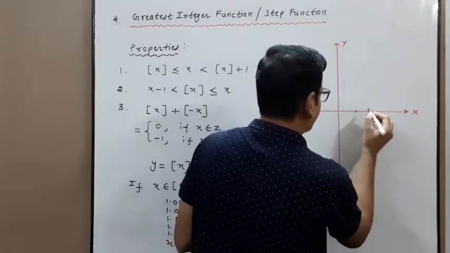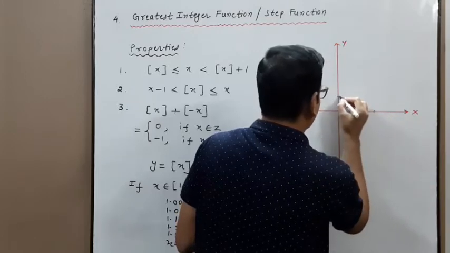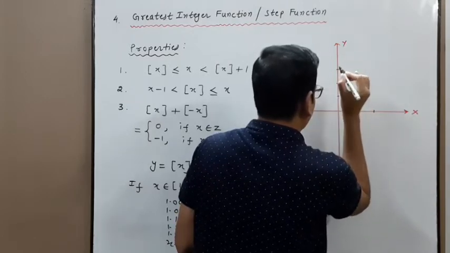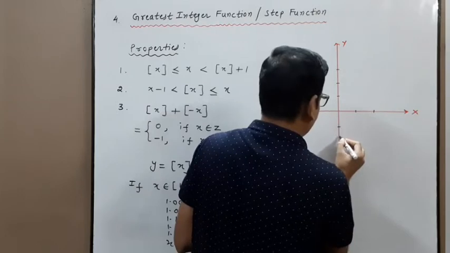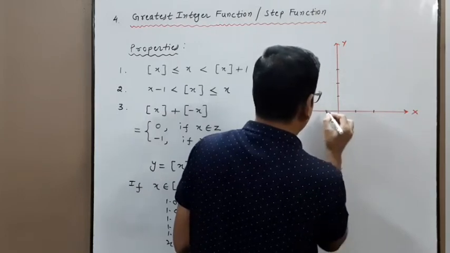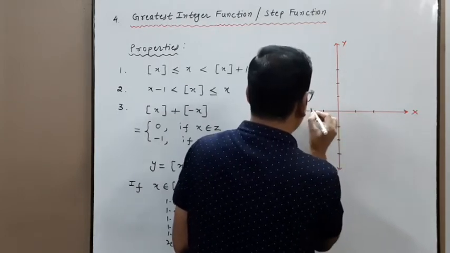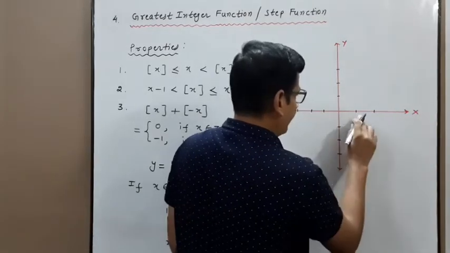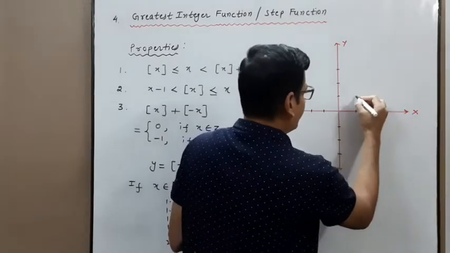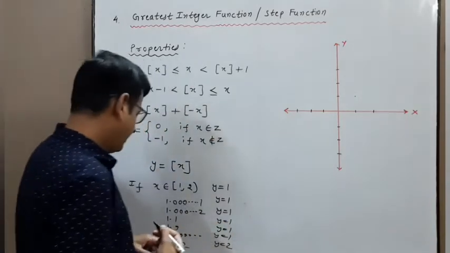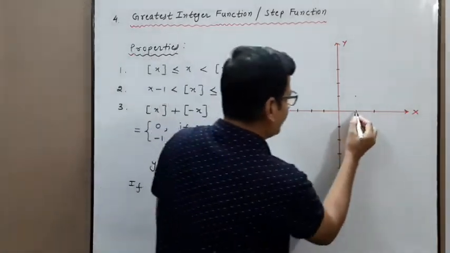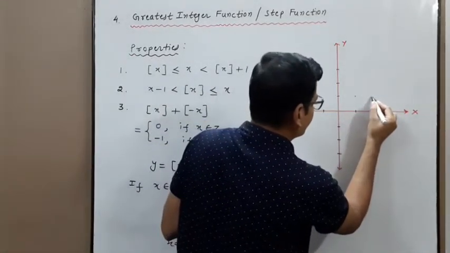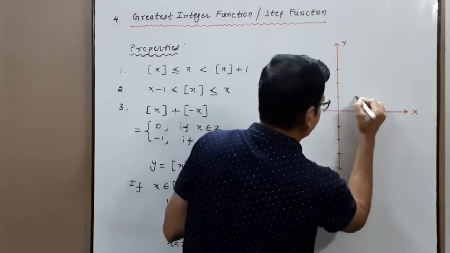This is 1, this is 2, 3 in this way, minus 1, minus 2, minus 3. At x equal to 1, the value of y is 1. At x equal to 1.99999, the value of y is 1. So all the points lie on this line.